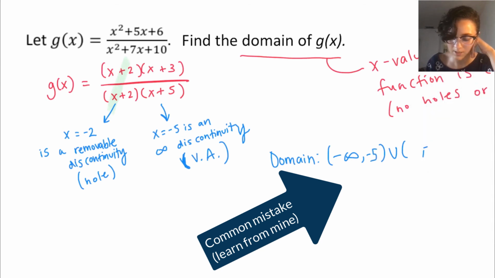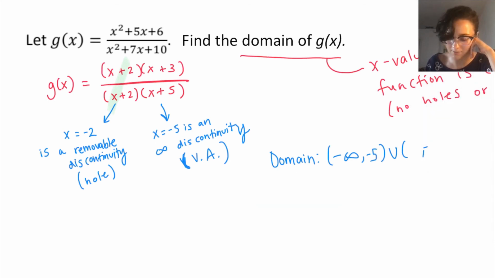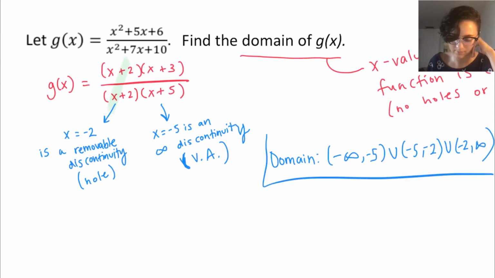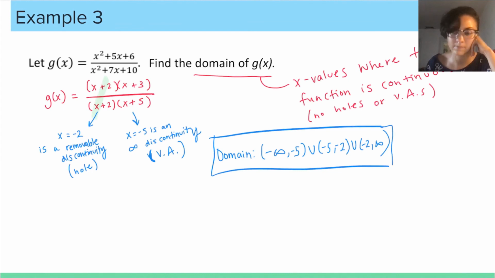There we go. -infinity to -5, and then -5 to -2, and then -2 to infinity. There is my domain. And that is our final example, looking at discontinuities and how you might use them.